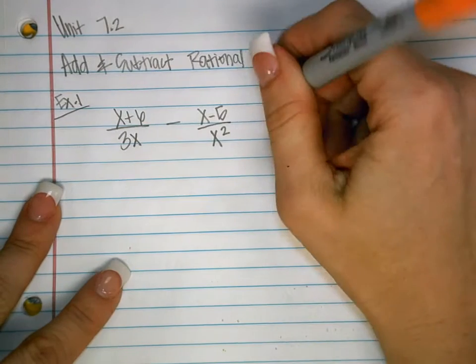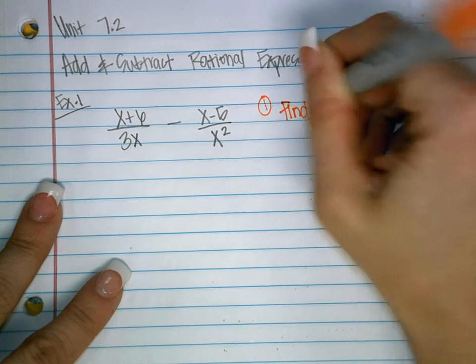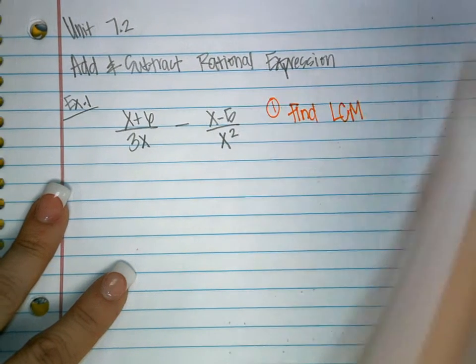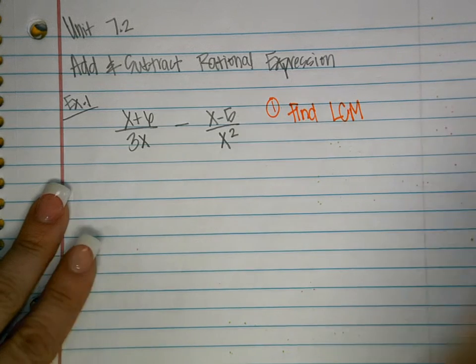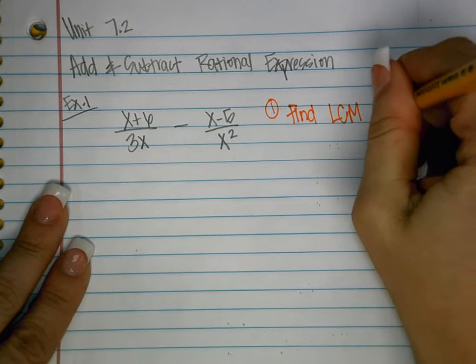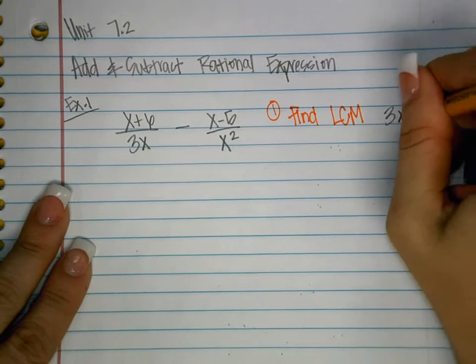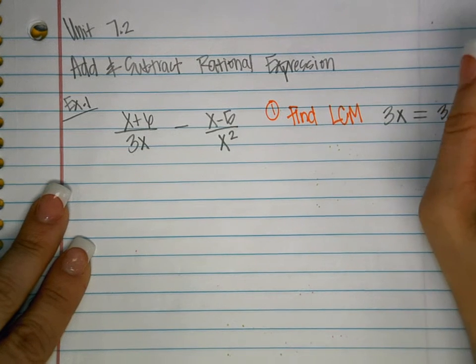So what I'm going to show you is how to first find the LCM. Does anyone know what LCM stands for? Least common multiple, right? The way that you find the LCM is we take each denominator and break it down. So how can I factor 3x? What is 3x made up of? 3 times x.